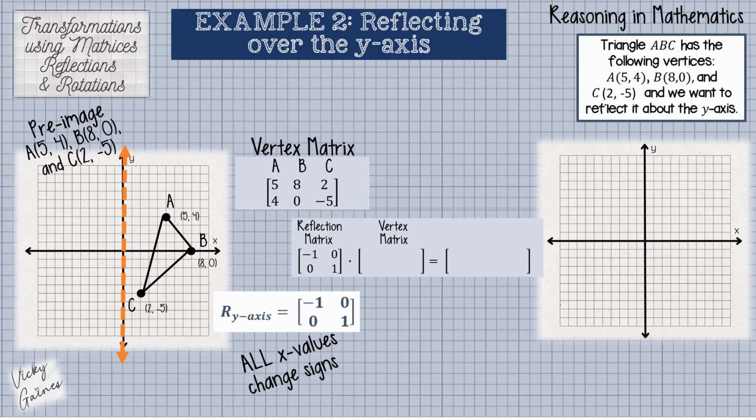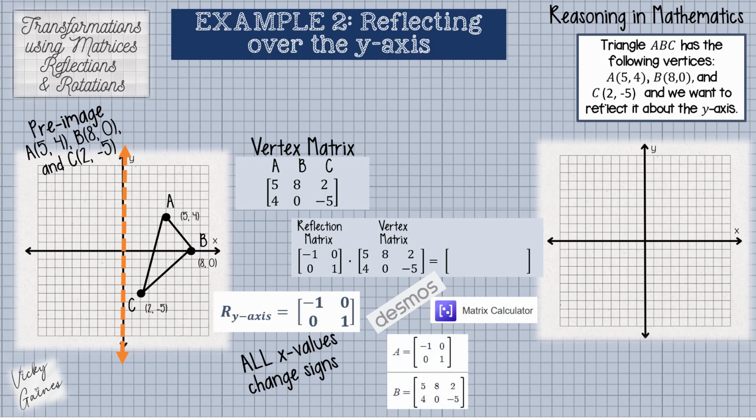We're going to use the reflection matrix for the y-axis, which is -1, 0, 0, 1. We're going to bring down our vertex matrix, and I'm going to do my calculations using the Desmos matrix calculator. So I put in the correct reflection matrix in A, and B is the vertex matrix. A times B gives us our answer.